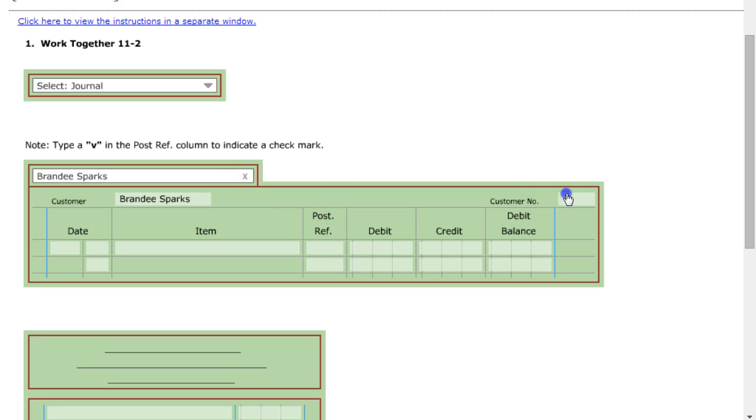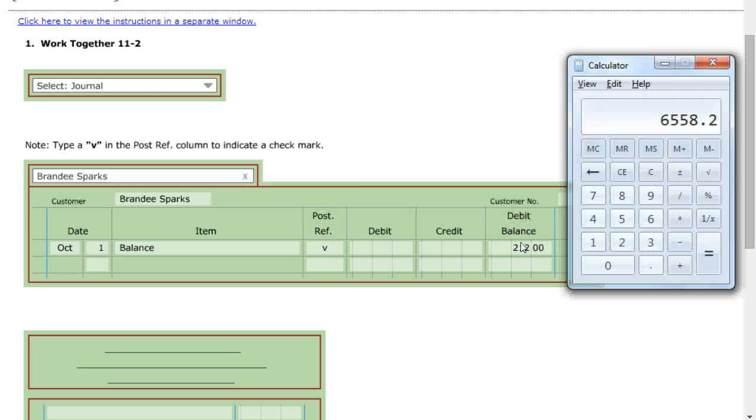So we're going to put Brandy Sparks down and her account number, and open up her accounts receivable ledger account by putting down the balance. If you remember from the last time, we always put the word balance and then a check mark afterwards. The debit and credit columns are for transactions only, and we're going to put in $212 as the debit balance. So that takes care of that first one.